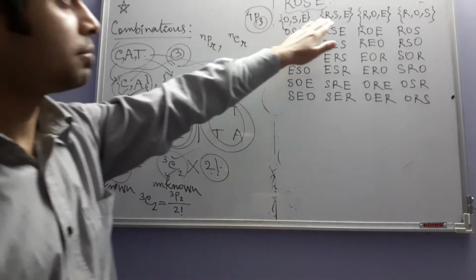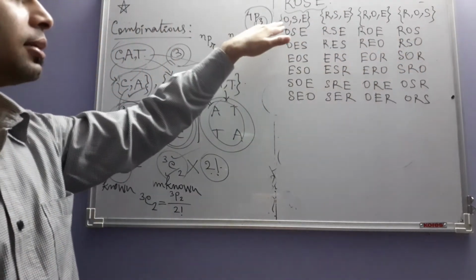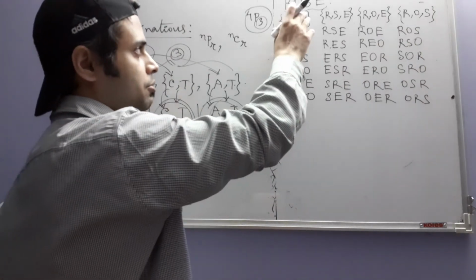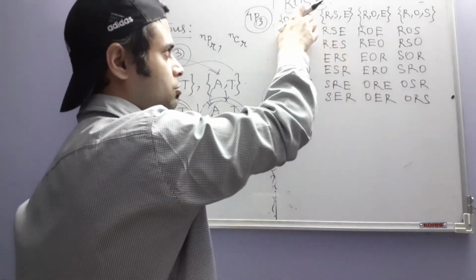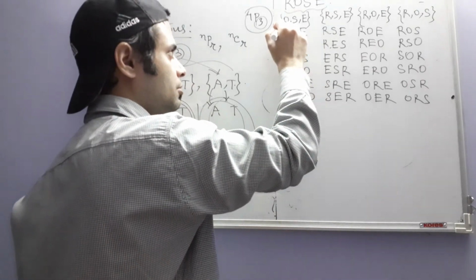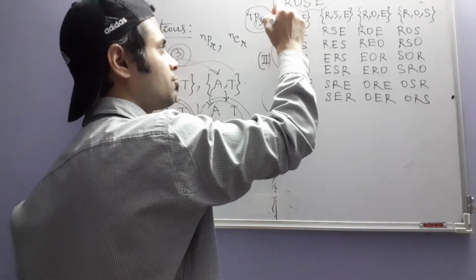In the first step, out of 4 objects, we have chosen 3. So that gives me the combinations. But if we want to write the permutations, then those chosen objects have to be arranged. So this is the second step. This is the first step.